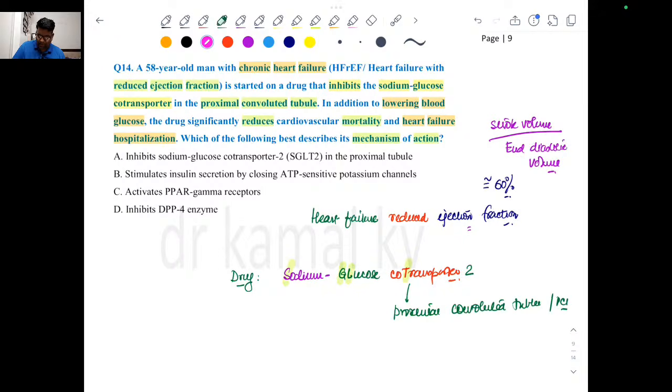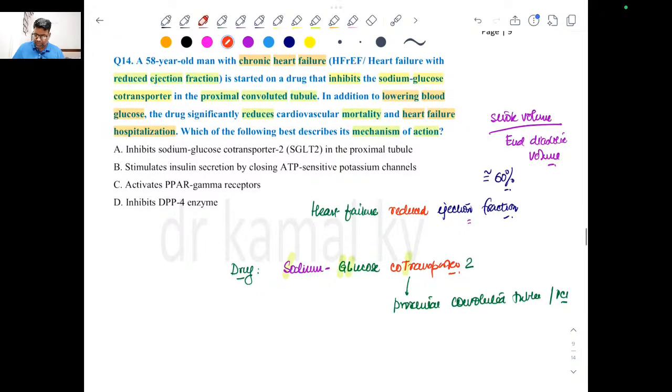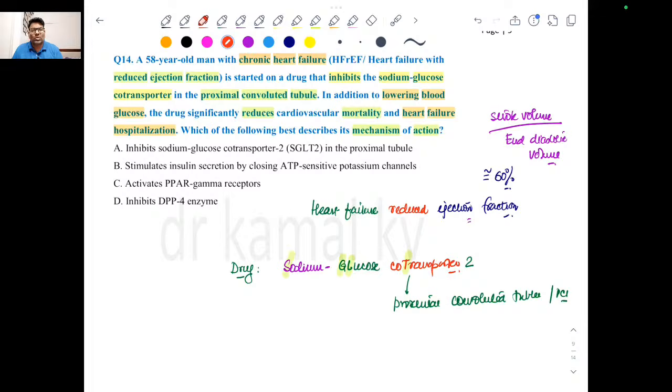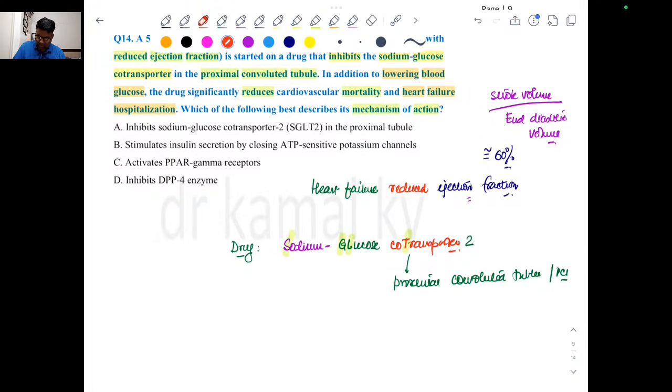So, in PCT. So, this is the drug which is inhibiting sodium glucose cotransporter. Now, this drug is inhibiting like this.